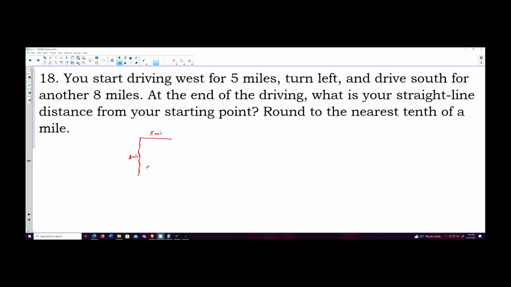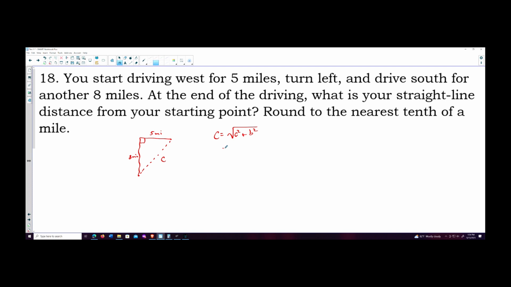Okay, so now, what is the straight line distance from your starting point to the end point, which is right there? So what is that distance? Okay, so that is Pythagorean theorem. I'm looking for C. So C equals the square root of a squared plus b squared, remember?